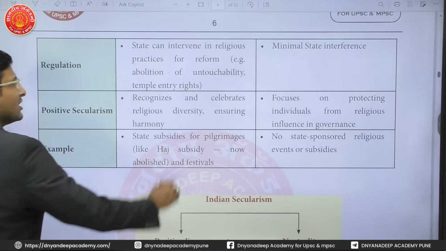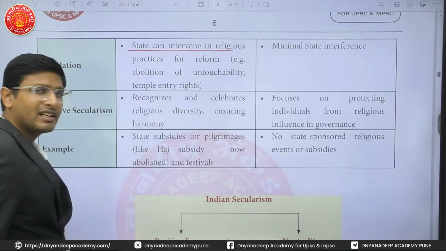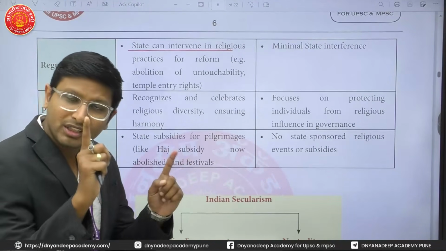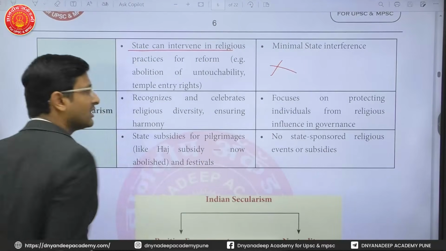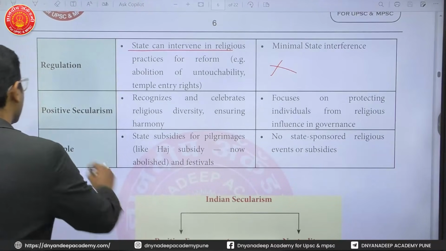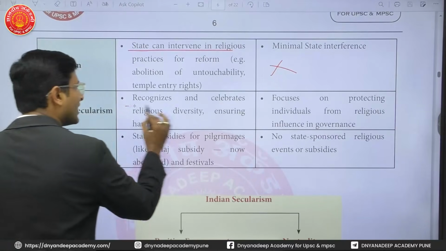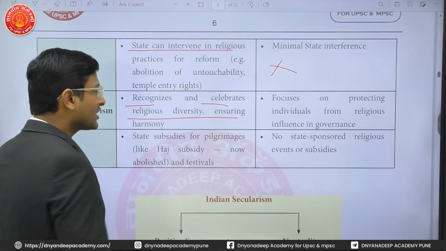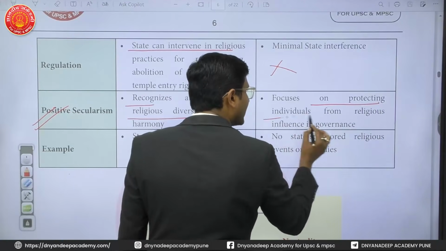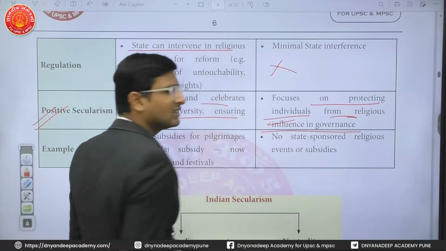Then regulation. In India, the state can intervene in a religious matter to protect fundamental rights. In Western countries, the state cannot interfere in religious matters. Then positive secularism. It recognizes and celebrates religious diversity. But in the Western countries, it works on protecting individuals from religious influence in government.